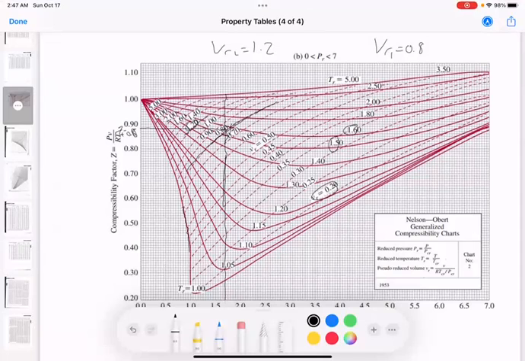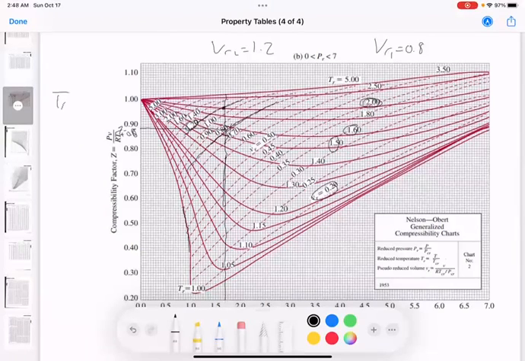If you follow it here, you see they cross right around here. It's a little higher than this pink line, which is 2. It crosses more like 2.1. This solid line and this hatched line intersect at a TR of about 2.1.